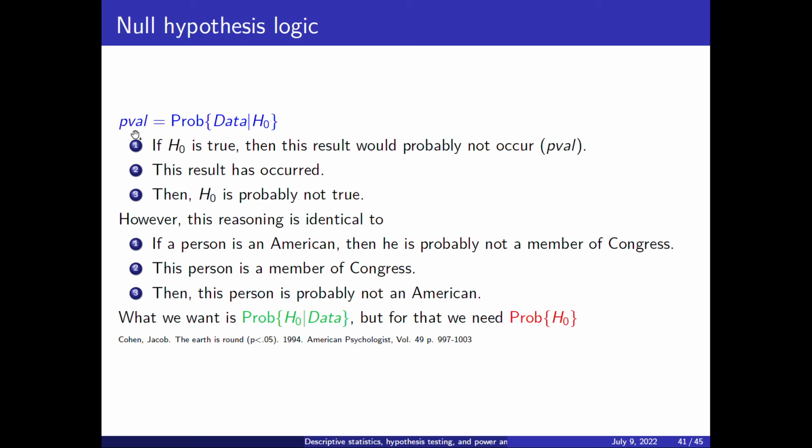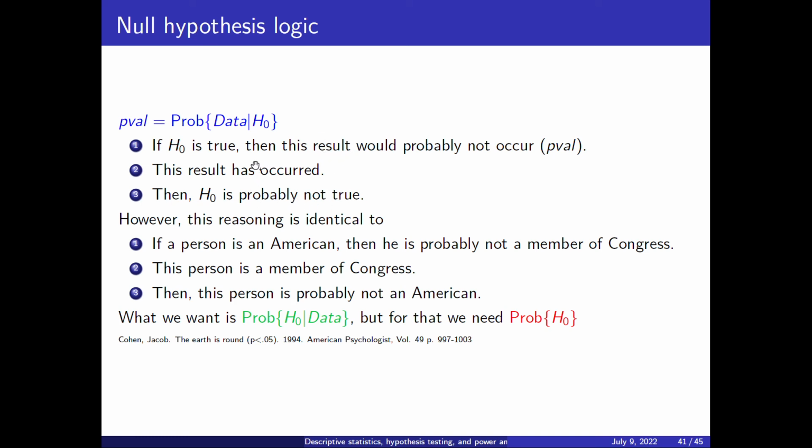So the reasoning goes like this. If the null hypothesis is true, then this result would probably not occur because the p-value is very small. This result has occurred. We have observed it. So then the null hypothesis is probably not true. This has been the reasoning we have been doing.